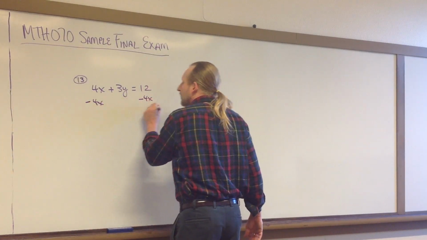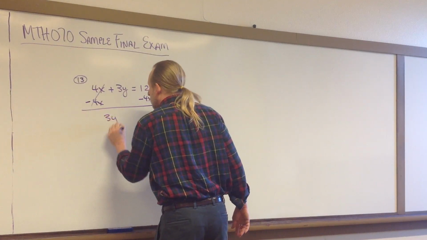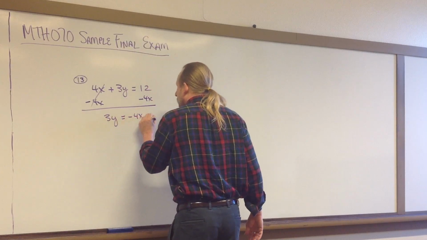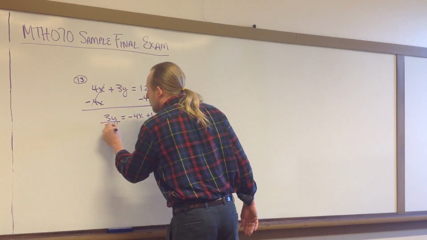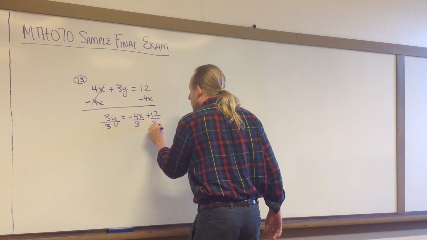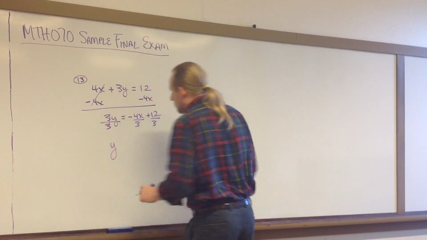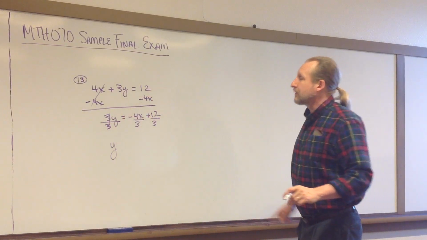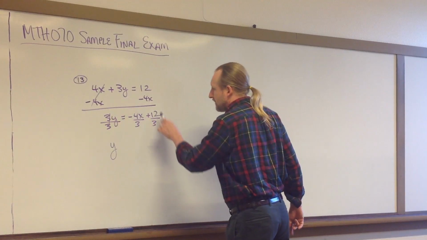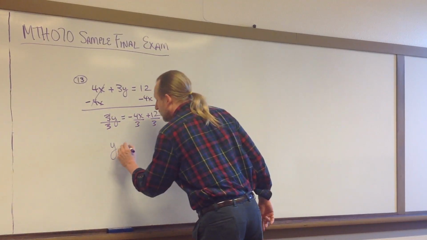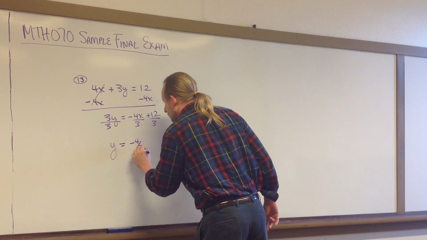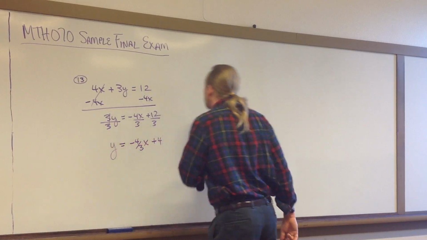I'm going to move the 4x to the other side, -4x plus 12, and then divide everything through by 3. And notice how I divided everything by 3, not just this piece or this piece. I had to do all of it. So, -4/3 x plus 4.